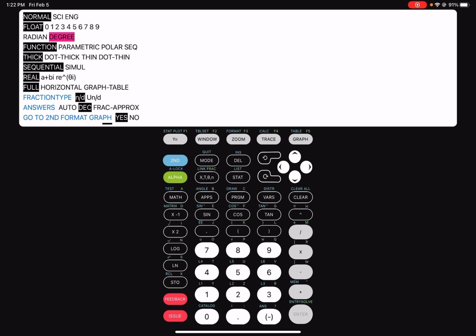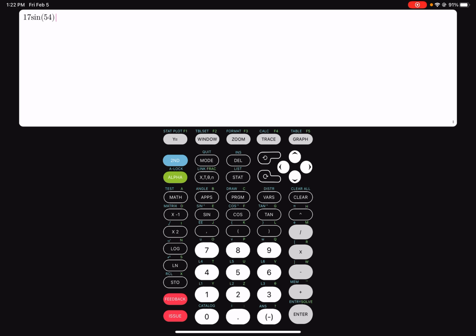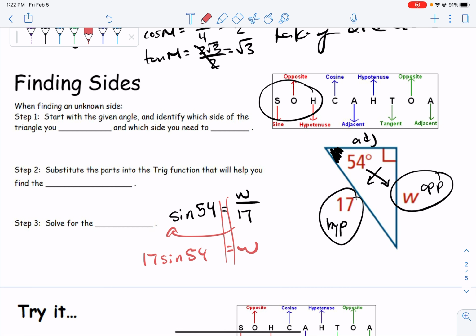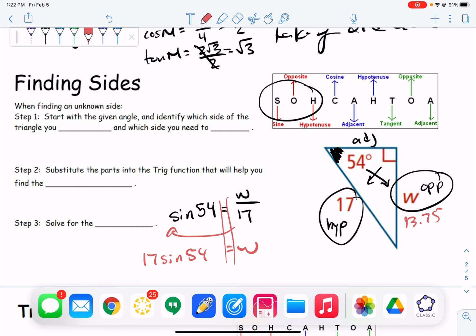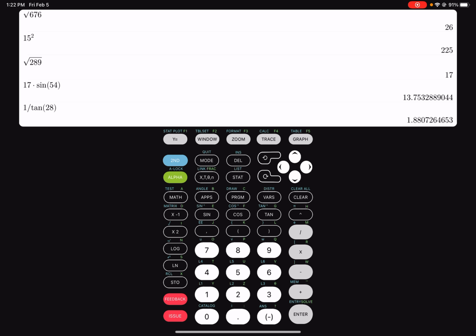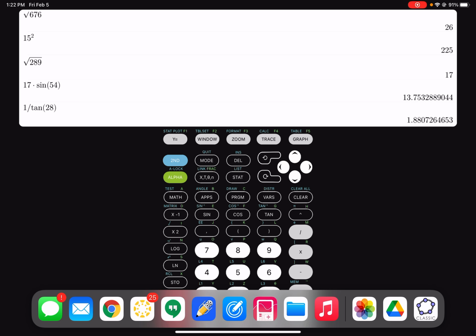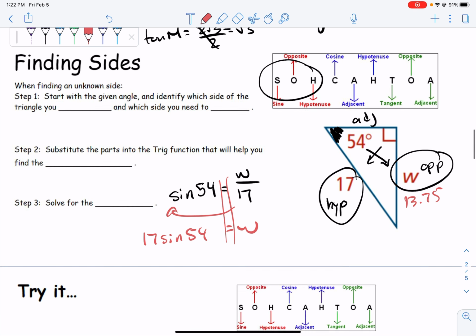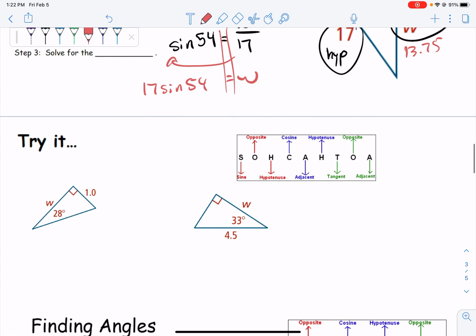You need to make sure you are in degree mode, otherwise it's going to give you the wrong answer. So 17 sine of 54, when I hit enter, I get 13.75. So that means W is 13.75. Is that what I said? I don't even remember. 13.75, yeah. All right, that looks good to me. 13.75 is my W.